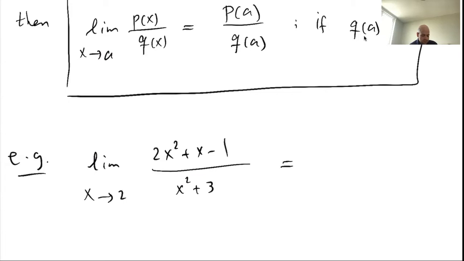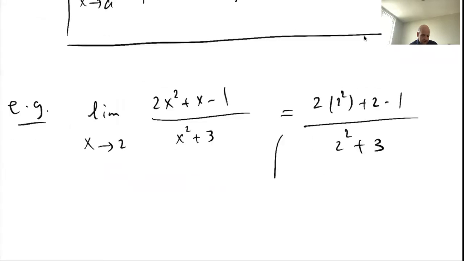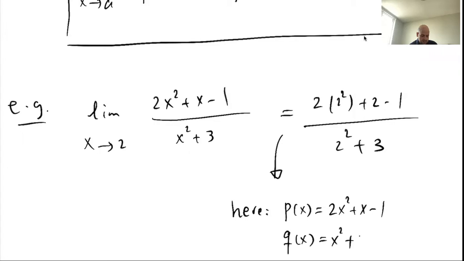So here this is 2 times 2 squared plus 2 minus 1 divided by 2 squared plus 3. Because here again P of x is 2x squared plus x minus 1, and Q of x is x squared plus 3.